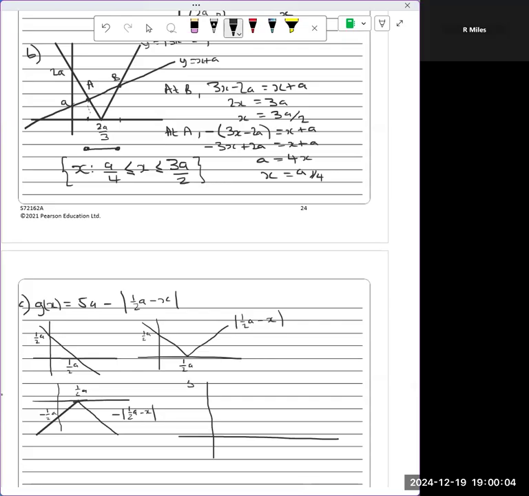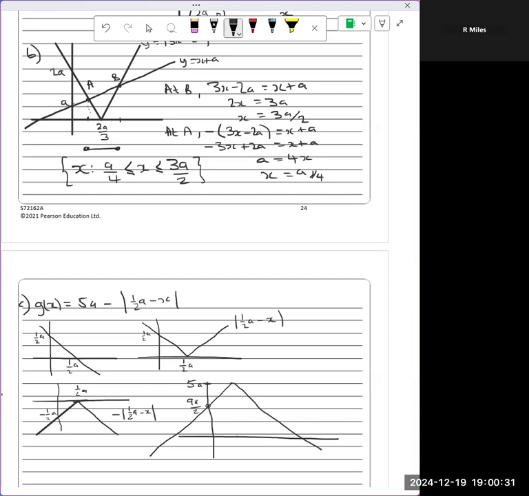So if this is 5a up here, this vertex here is going to be up here. It's then going to come down through here, where this is 5a. So this is minus a half plus 5a. So this is 9a over 2, or 4.5a. Okay. It's then going to come down this way.